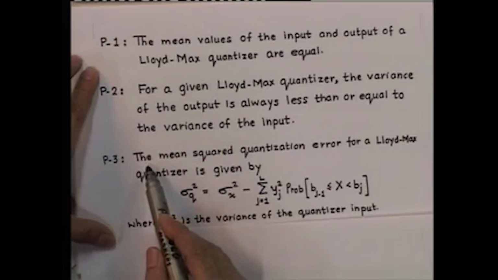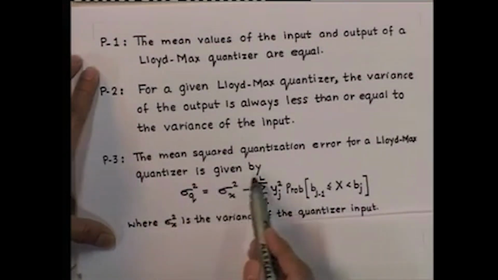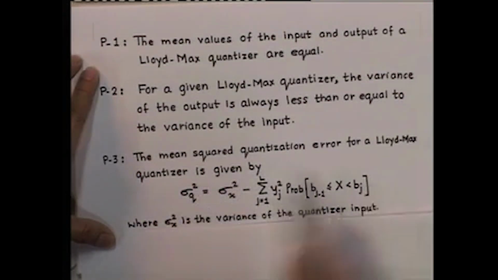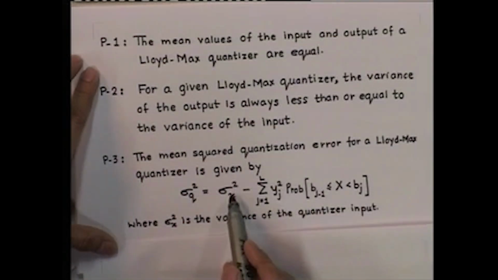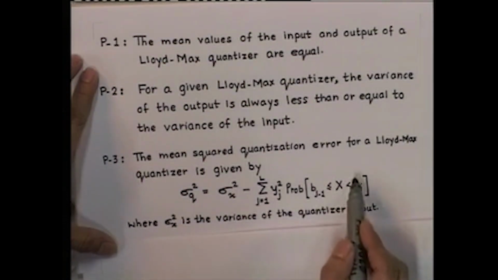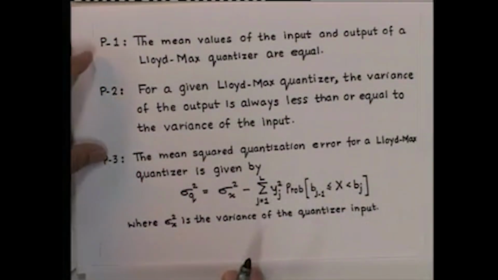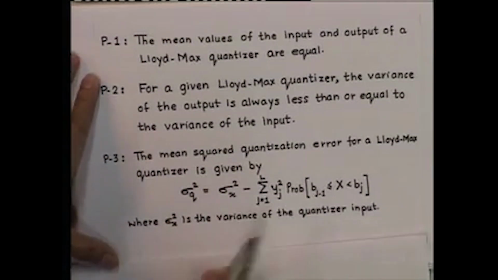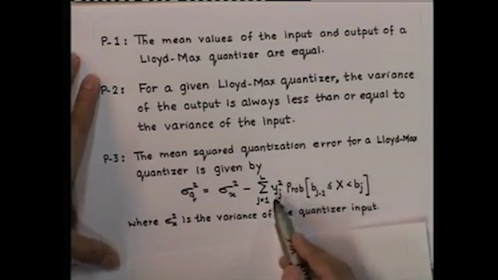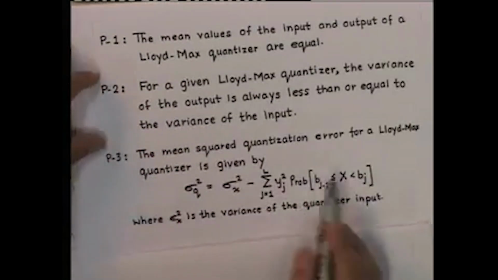Third property says that the mean squared quantization error for a Lloyd-Max quantizer is given by the following expression, where the first term, that is sigma x squared, is the variance of the quantizer input, and the second term is the second moment of the output. So, if the input has 0 mean, then this is the variance of the output.